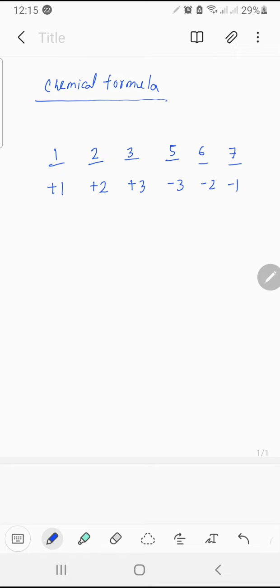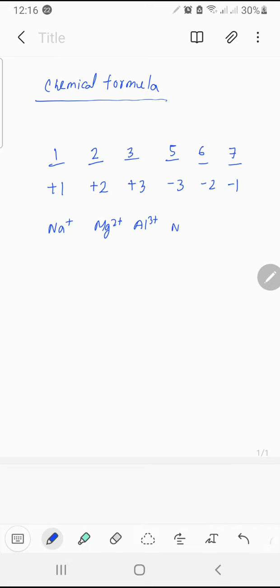Example, very easy. In group 1, we can see sodium. So sodium will always be Na+. The ion of sodium is Na+. In group 2, there is one atom called magnesium. So we can say Mg2+. In group 3, we have aluminium. So we can say Al3+. In group 5, we have phosphorus or nitrogen, right?